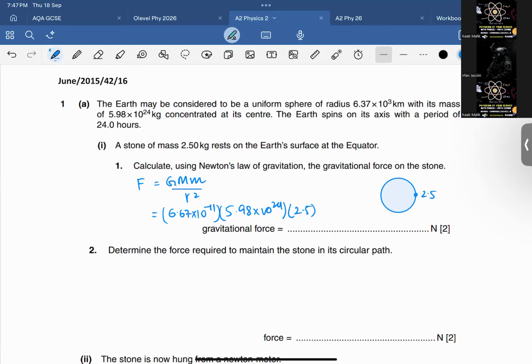These are the mass values. Now the separation is going to be the radius, 6.37 × 10^3 kilometers, so I have to convert it into meters, and you have to square it. So just solve it, please.